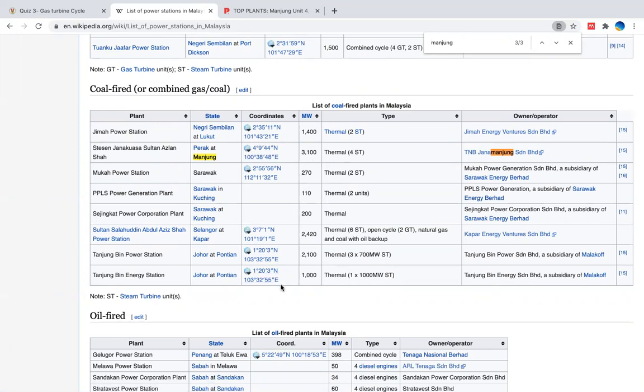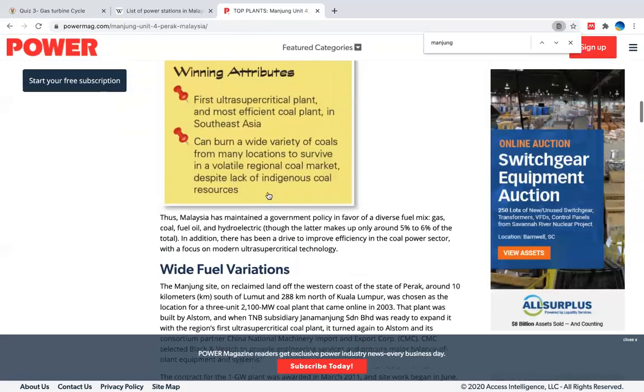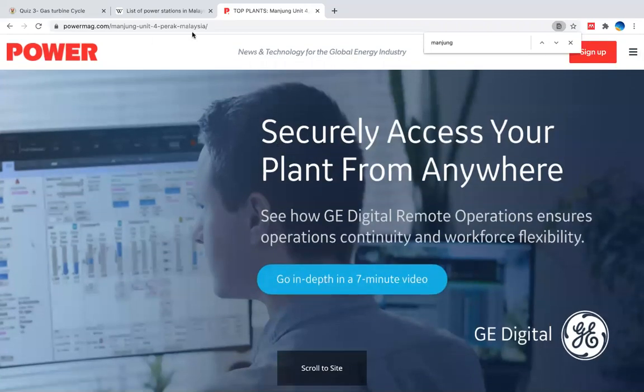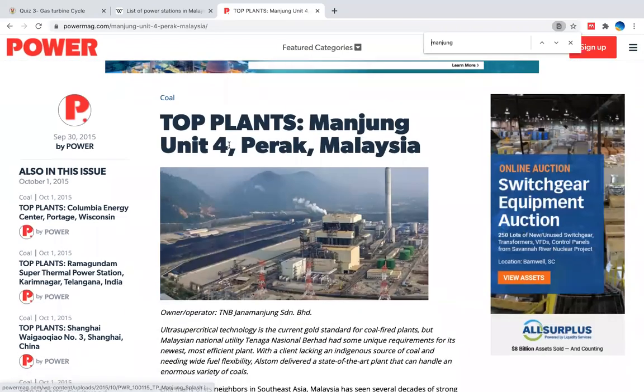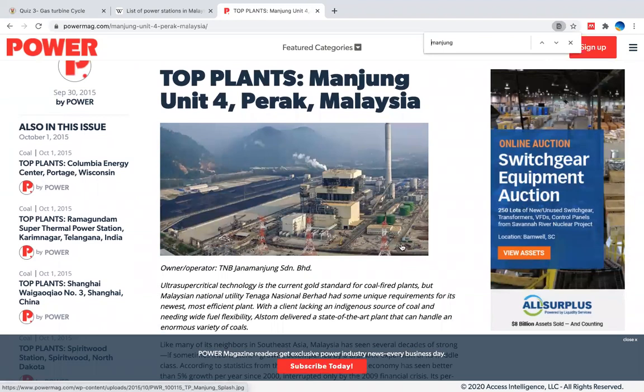So 4ST means they are using 4 steam turbines to generate 3,100 megawatts. If you're interested, you can refer to this website to know more about this power plant.